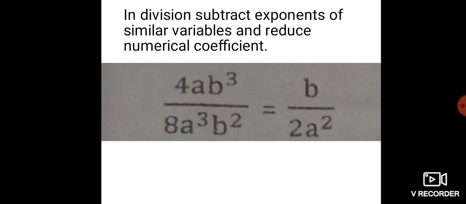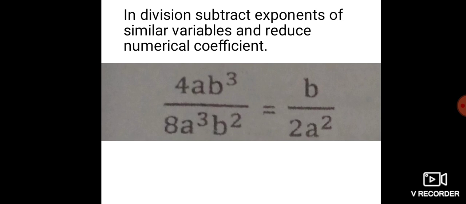So 4ab raised to the power of 3 over 8a raised to the power of 3 and b raised to the power of 2, the answer is b over 2a raised to the power of 2. Then in division, you may subtract the exponents.